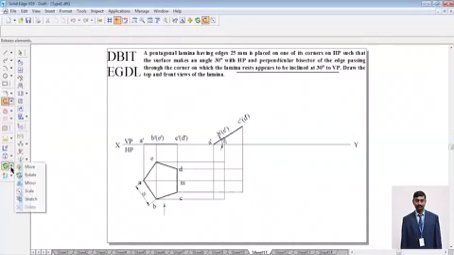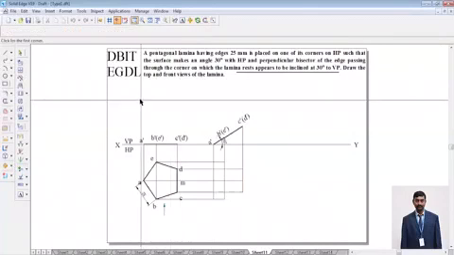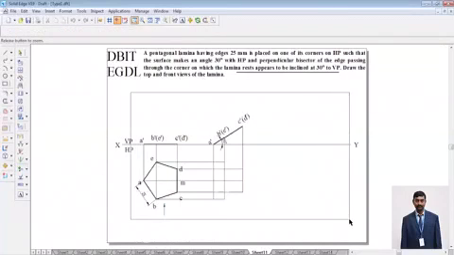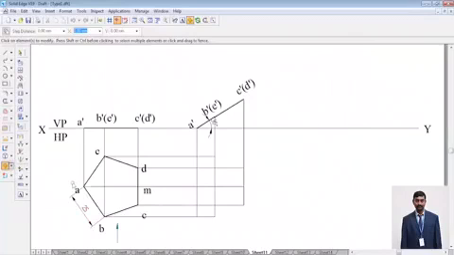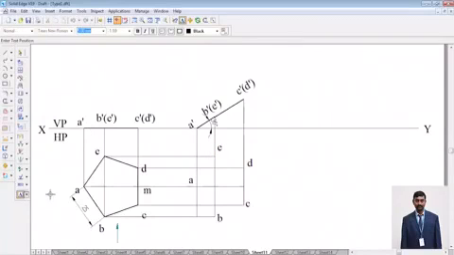Now we shall name this A, this is B, C, D, and this is E. The other perpendicular bisector that I have drawn, I will name it M1, just to avoid confusion.